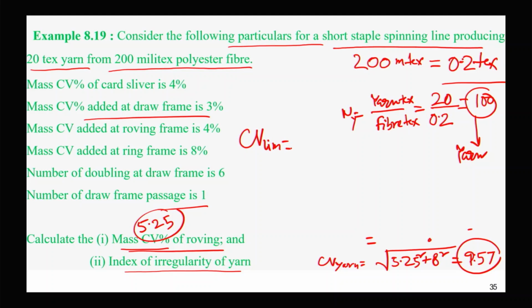This is a short staple polyester fiber, so it will be 100 by under root n. So it will be 100 by under root 100, so it will be 10 fibers. 10% is the CV limit.